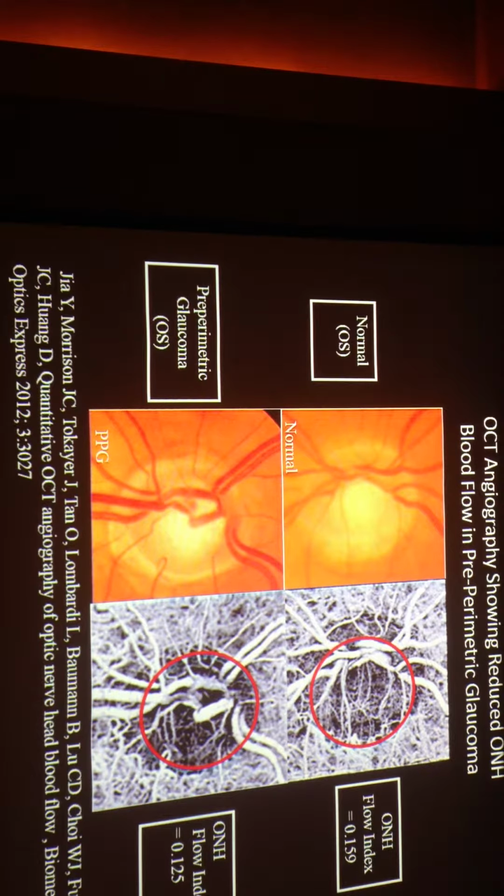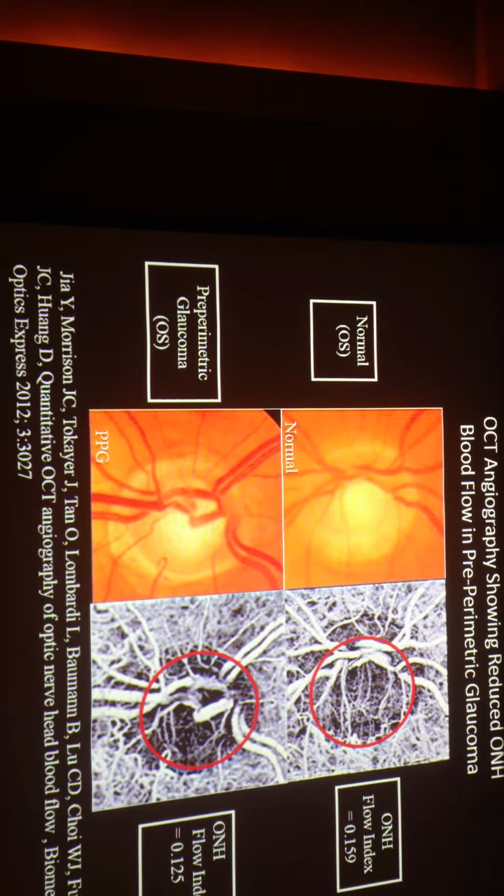First of all, they published one study concerning this observation inside the disc, and they described the flow index inside the disc in order to quantify the flow inside the disc.